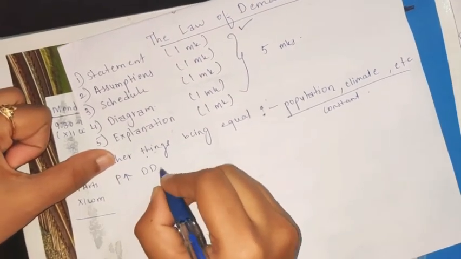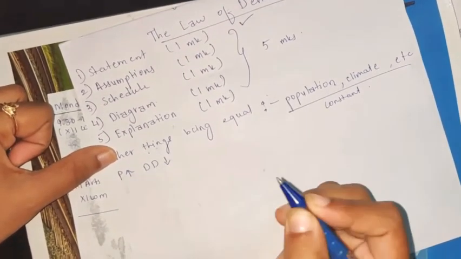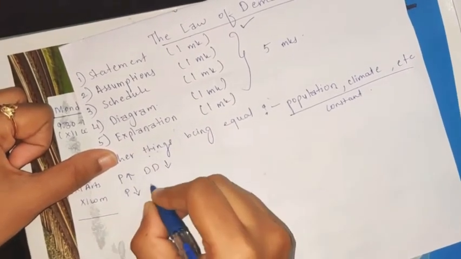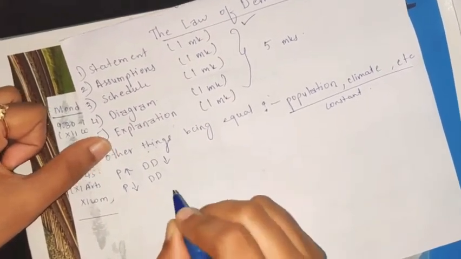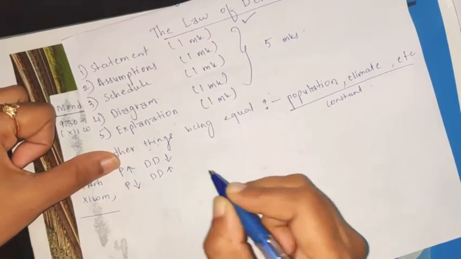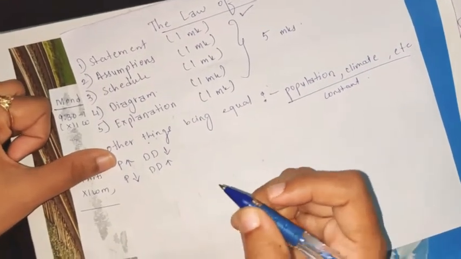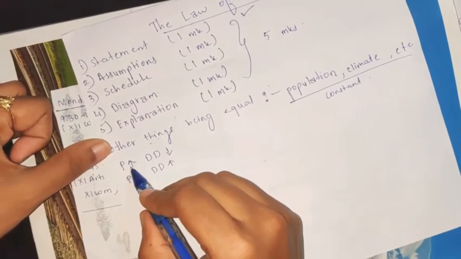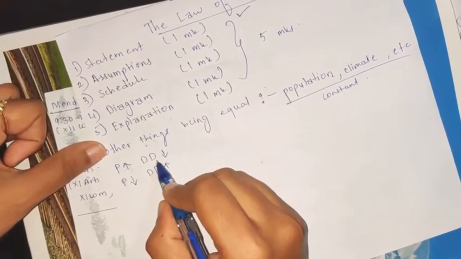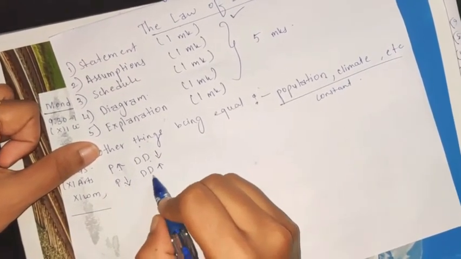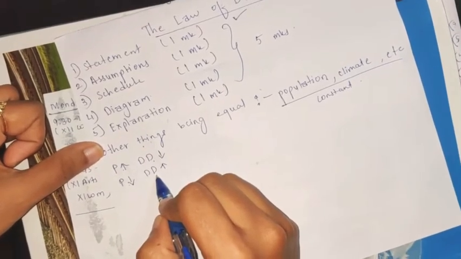the demand by the consumer for that commodity decreases, and when price decreases, obviously the demand for that good by the consumer increases. Take for example fish. If the price of fish increases, consumers demand less of fish, and when price decreases, consumers demand more of that fish.